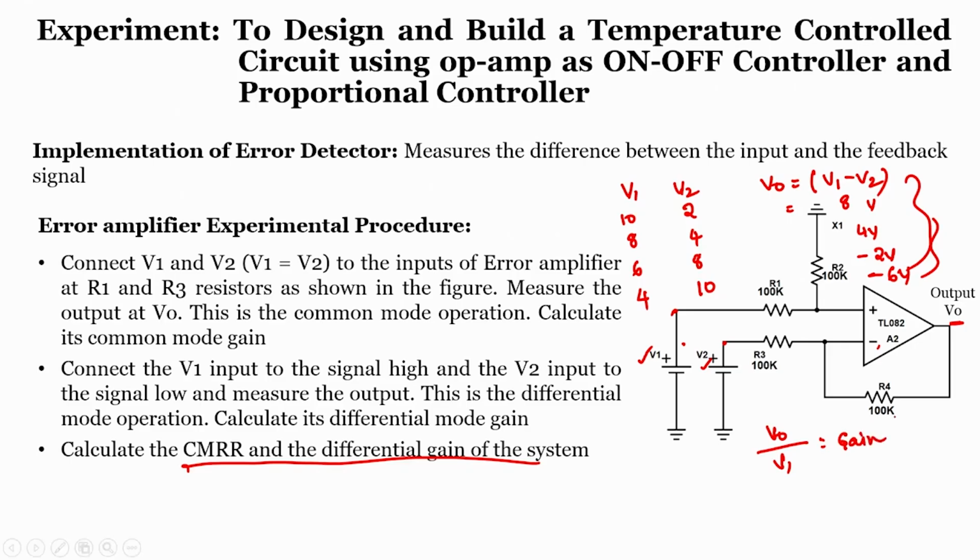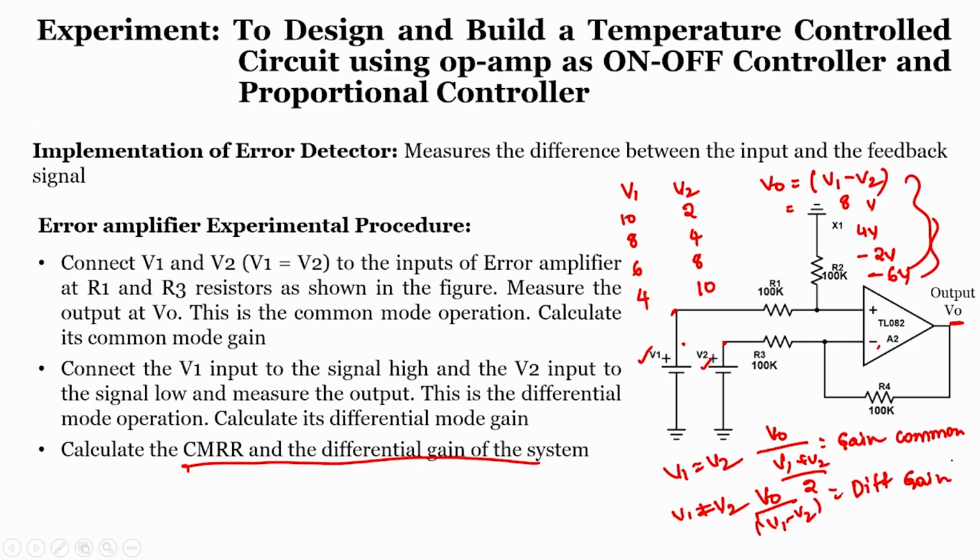When we connect the same signals, V1 plus V2 by 2 will be the input, because at this point V1 is equal to V2, and we get the common mode gain. Now we will take different values of V1 and V2, calculate the output and divide by V1 minus V2. This is our differential gain.